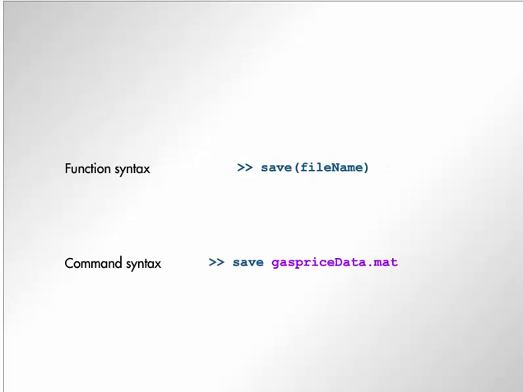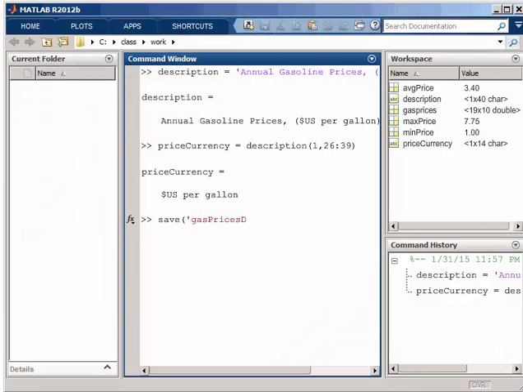When using the function syntax, the file name must be a string. The command save('gaspricesdata.mat') saves all the variables in the workspace to the file gaspricesdata.mat. Note that the file name is a string because it is enclosed in single quotation marks.